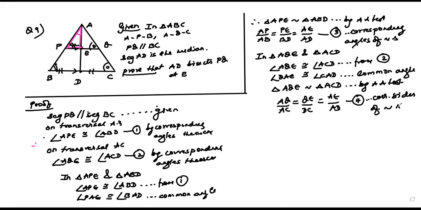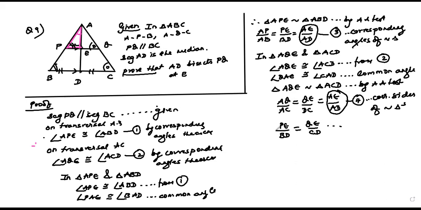And now, when you look at your statements number 3 and 4, you can get your answer. You see here, on the extreme right-hand side, I've got AE upon AD. Here also on the extreme right-hand side, AE upon AD. So naturally, the right-hand sides are same. So the left-hand side, that is PE upon BD equals QE upon CD.